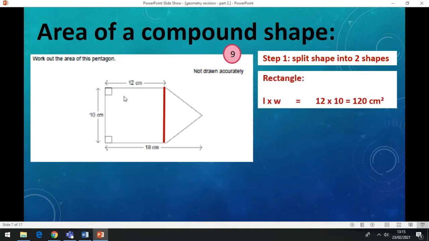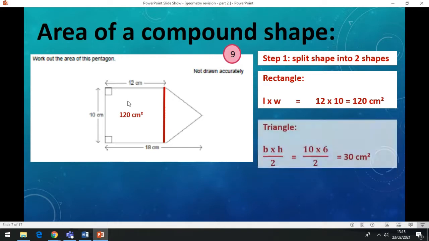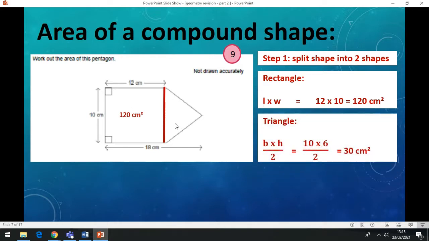A rectangle, length times width, 12 times 10, would give me an area of 120 centimetres squared. For the triangle, base times height divided by 2, I know that my base here is 10, and I also know that my height here is going to be 18 centimetres, take away 12 centimetres will give me this height here.